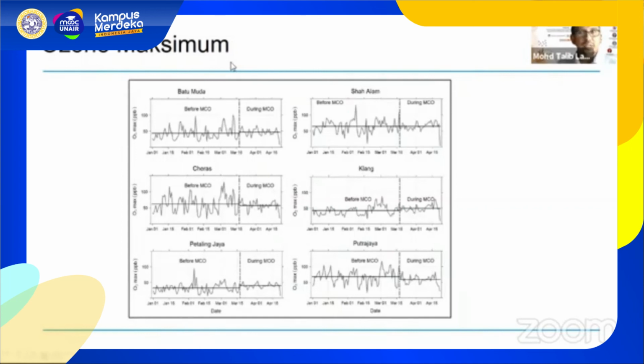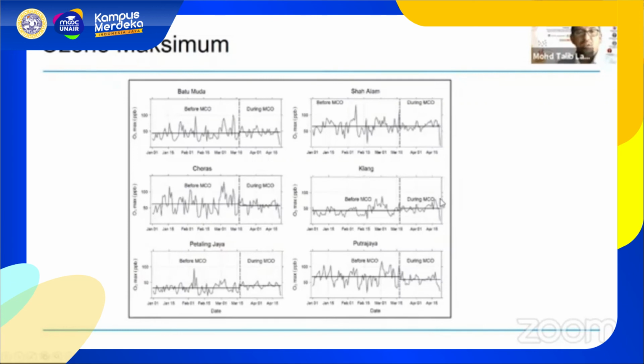Ozone maximum usually occurs in the time between 1 to 3 o'clock. You can see that the level of ozone maximum, especially in places like Klang, increased significantly.